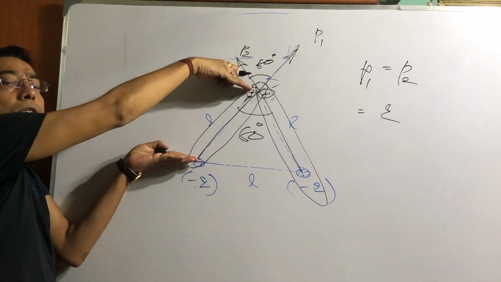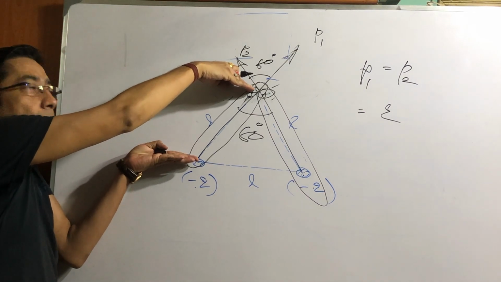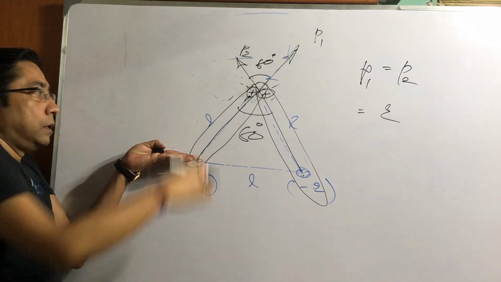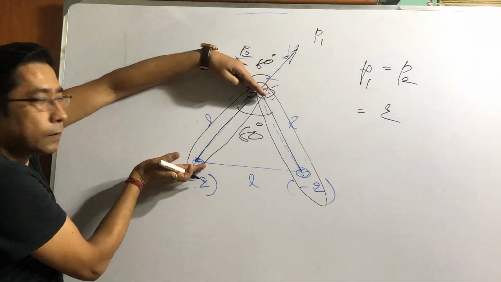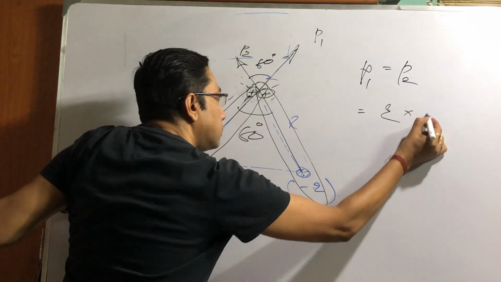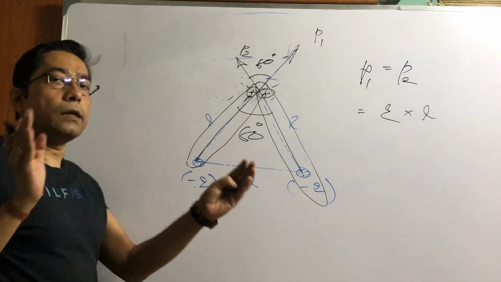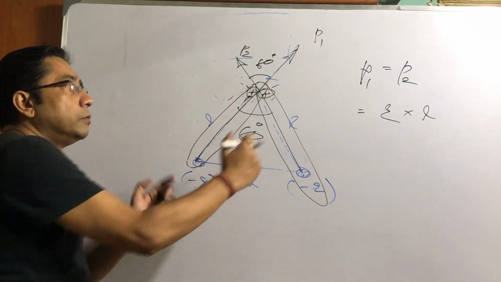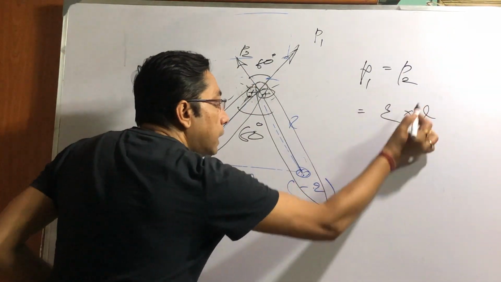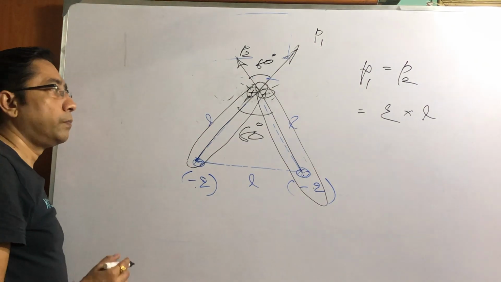It is not necessary to write 2L all the time, as the length is L only. So we will take the length of this dipole to be L. So Q into L. Initially there was a gap between the two charges of 2L, that's why we took 2L. This time it is L, so we take L. So Q into L is the dipole moment of each.